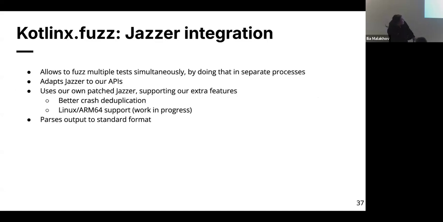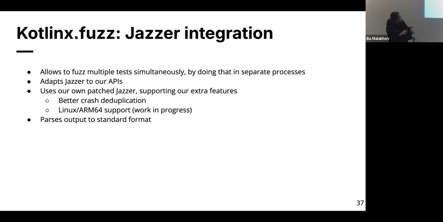The next thing is Jazzer, to actually allow fuzzing multiple targets at once. For every test, we just spawn a new process with Jazzer. So we didn't heavily modify Jazzer, but instead we just made better tooling around it so it can be used this way.